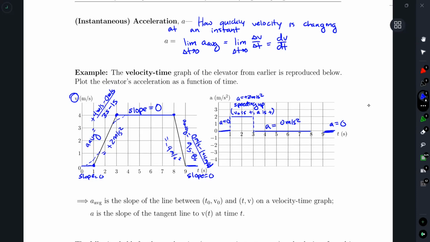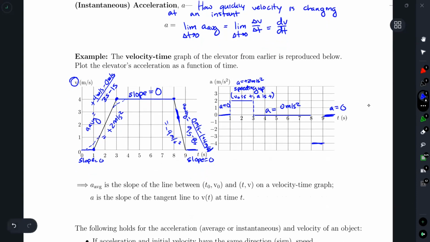If your acceleration at every point, meaning the slope at every point, is the same, then you've just got a straight line. And so the average, the slope between two different points, is going to have that value as well. So on a position time graph, if you have a straight line, that means constant velocity, and so it equals the average velocity. If you have a straight line on velocity time graphs, that means your acceleration is constant, and so equal to the average acceleration.